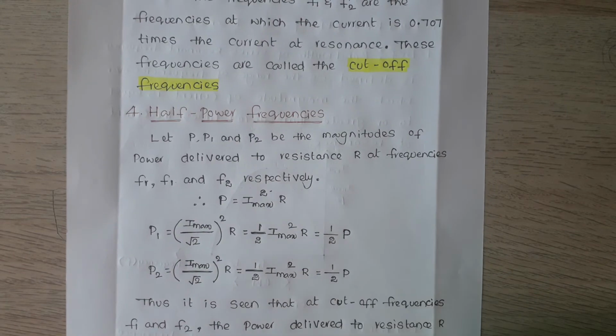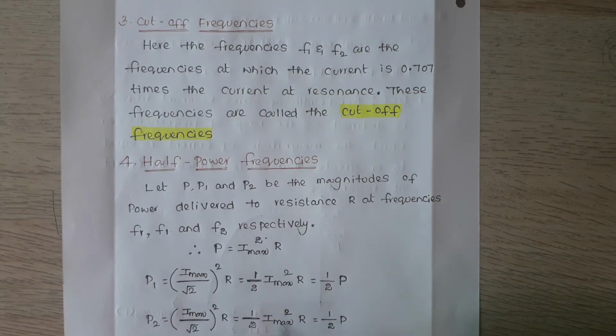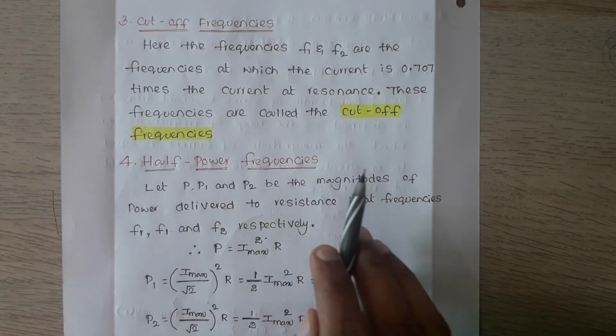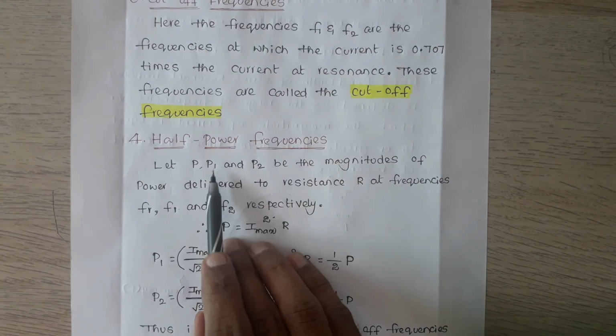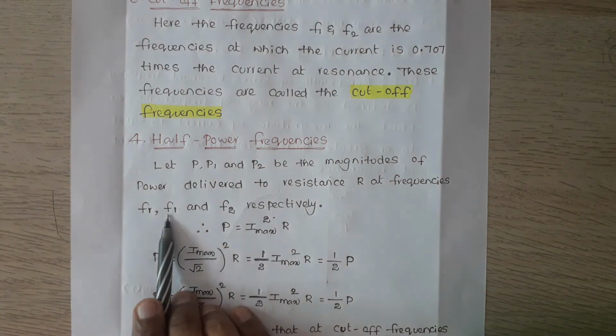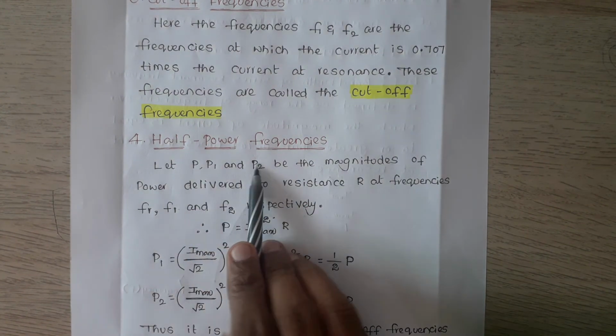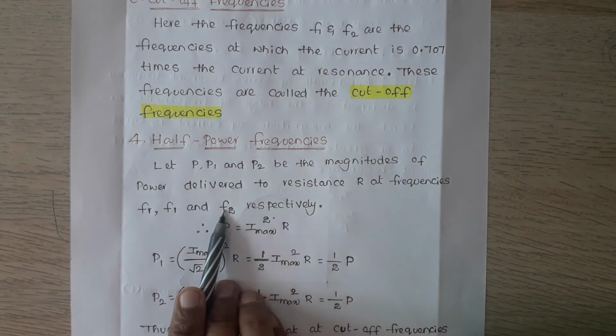Here P means real power. Always the resistor takes real power, and the inductor and capacitor take reactive power. So P is the power delivered to the resistor at the resonance frequency, P1 is the power delivered to the resistor at F1, and P2 is the power delivered to the resistor at F2.